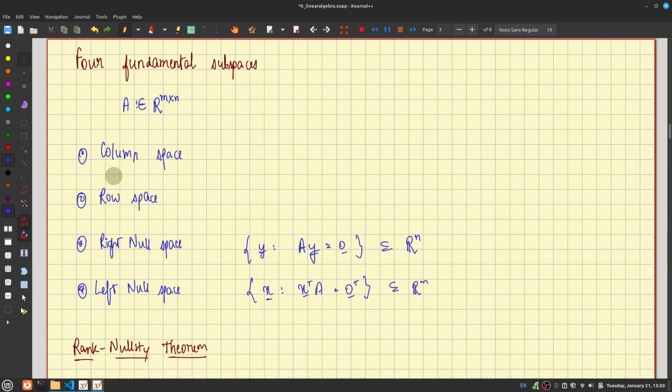What is the dimension of the column space equal to? The rank. So this is equal to the rank. What is the dimension of the row space? The dimension of the row space is also equal to the rank.